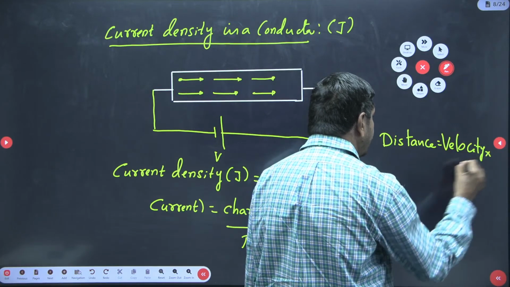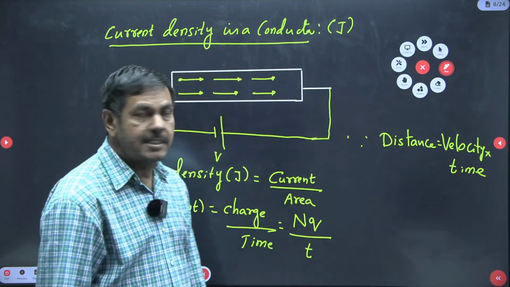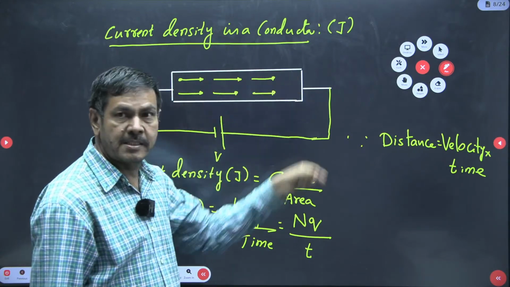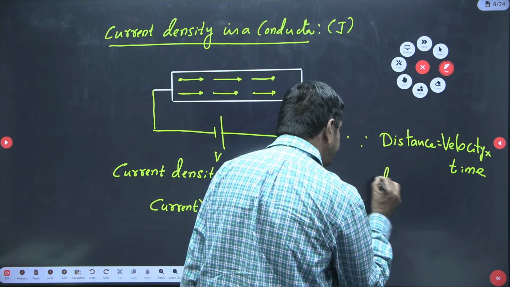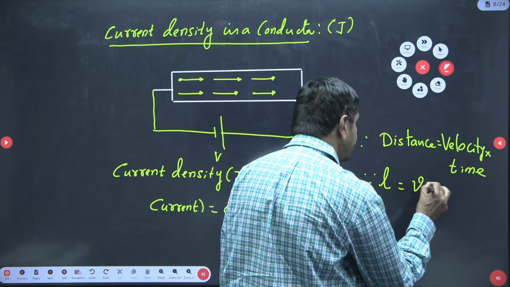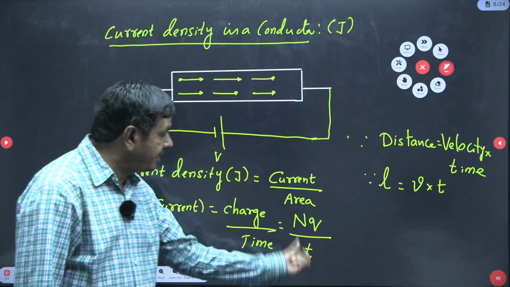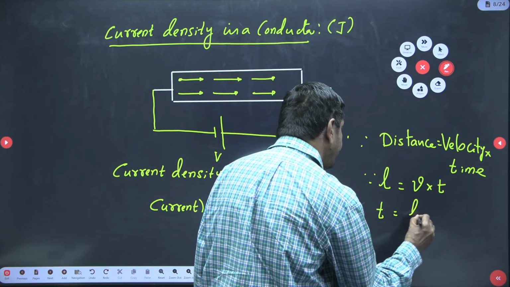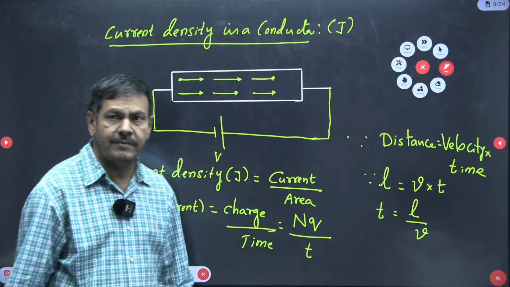If I denote the distance covered by the electrons with the symbol L, the velocity as V, and the time as T, then T equals L by V. Every formula you need to know.